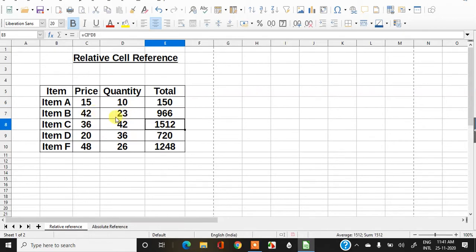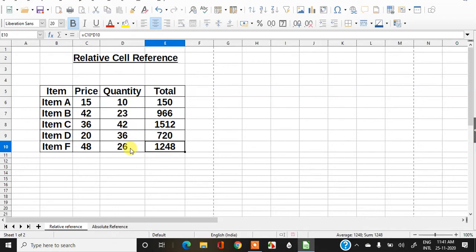When I move down, it changes to C8, then D8, the same as the others, C9, D9, and for the last one C10 and D10. So this is known as relative cell reference, where the formula's references change relative to its position. I hope you have got the point and are clear with the concept.